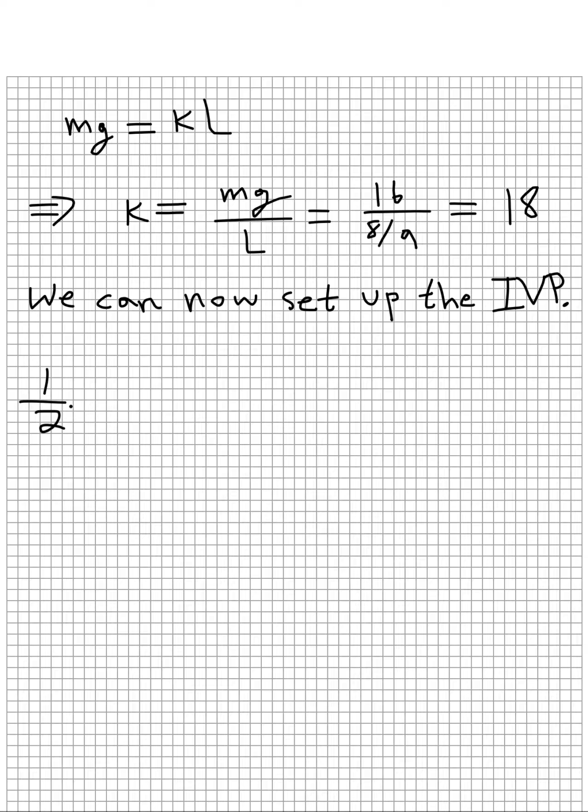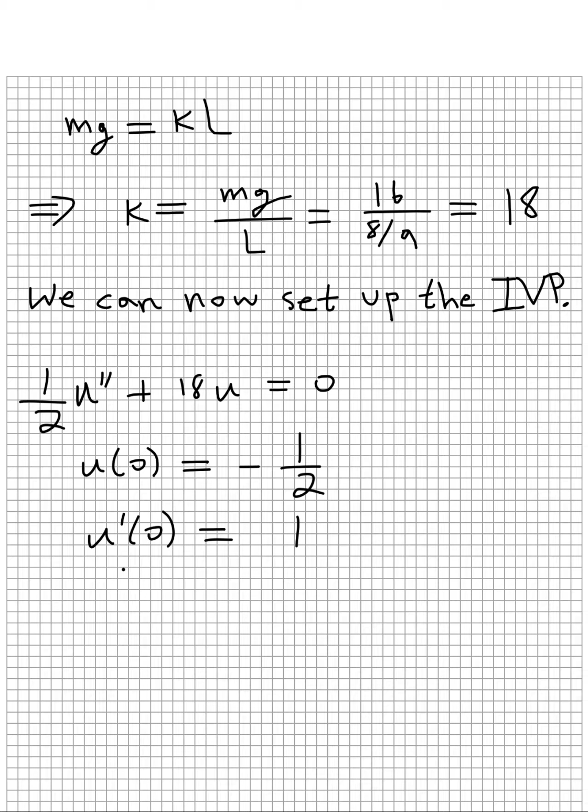So what we have here is going to be 1/2 u double prime, and remember this is based off a free undamped motion, plus 18, which was k, times u, is all set equal to 0, right? But that's not all. U of 0 is going to be equal to minus 1 over 2. And U prime of 0, excuse me, is going to be equal to 1.